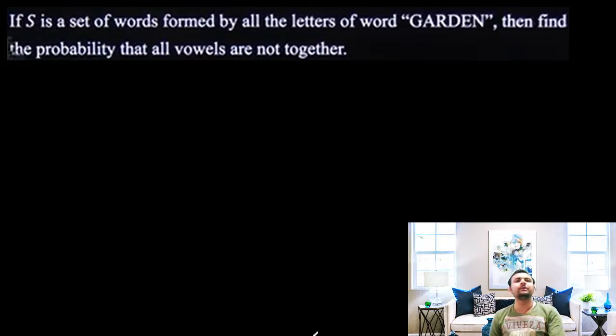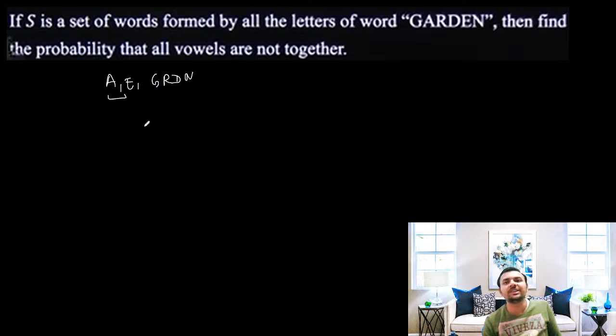So S is a set of words formed by all the letters of garden. Then find the probability that all vowels are not together. So my question is, vowels are A, E, and other letters are G, R, D, N. So we'll keep both the vowels together and then do the arrangement.